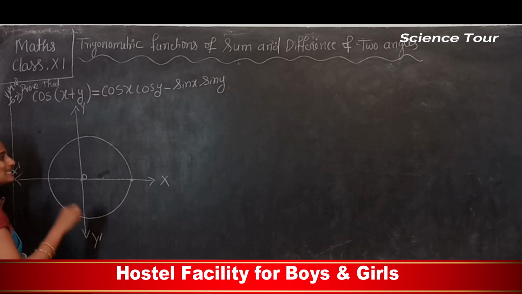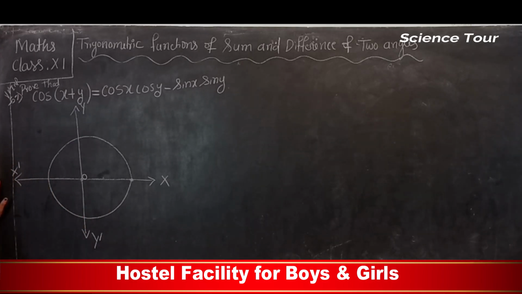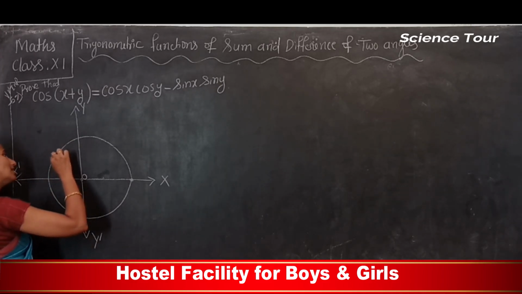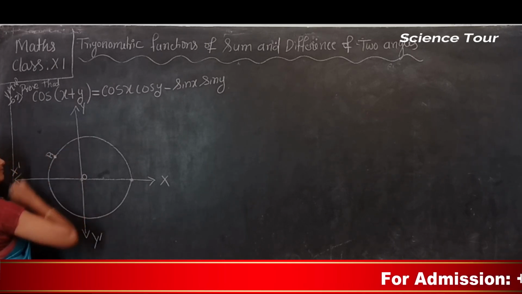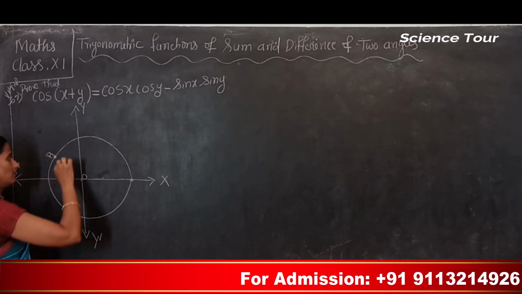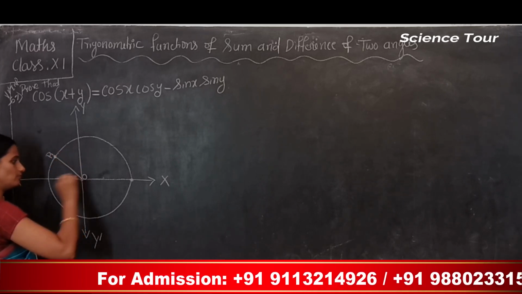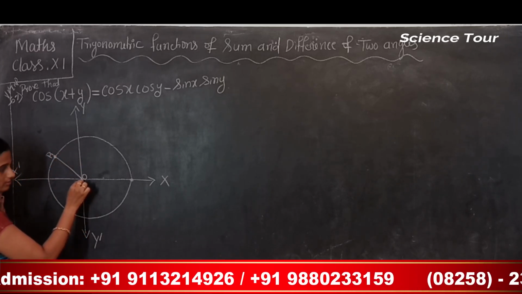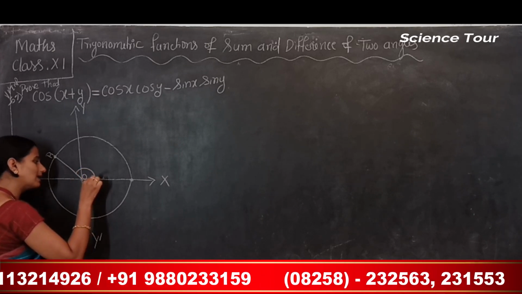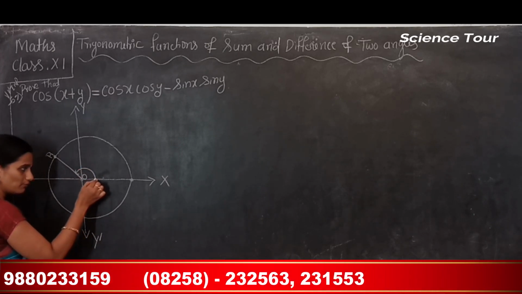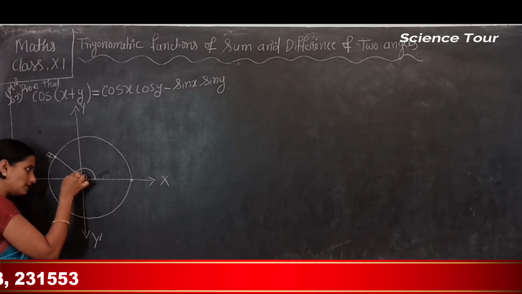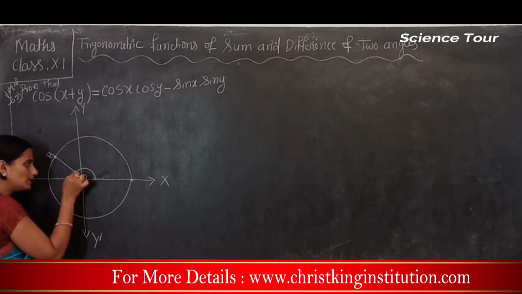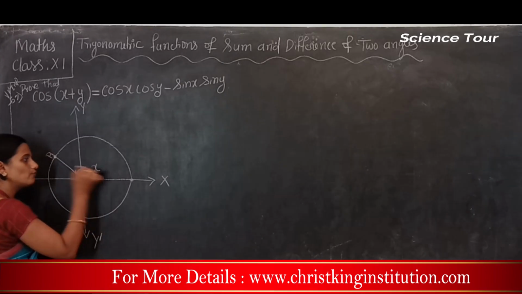In this I will consider 4 points. One point is this one, point P1. I'll join it with the origin, the center. If I start from here and the rotation is in the anti-clockwise direction, it covers an angle of x.